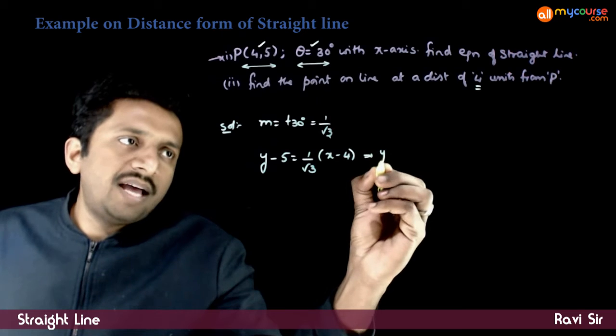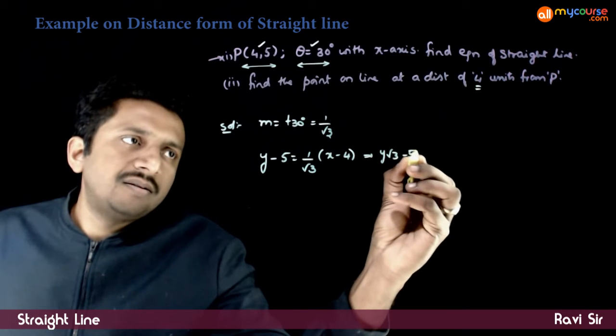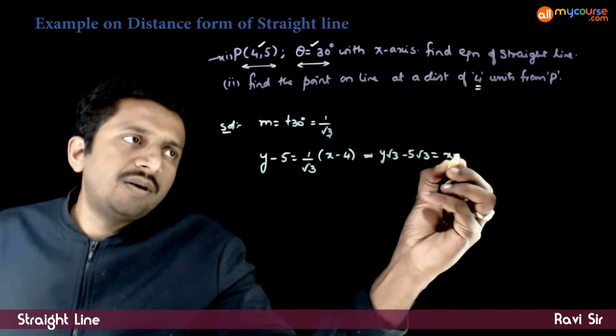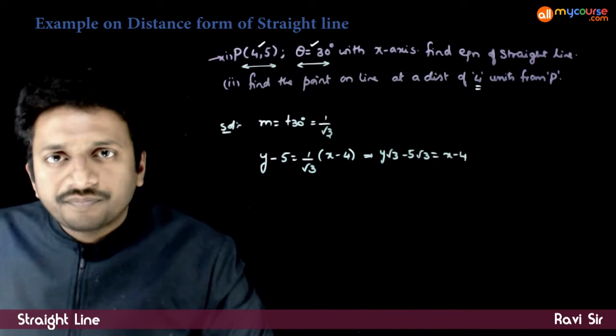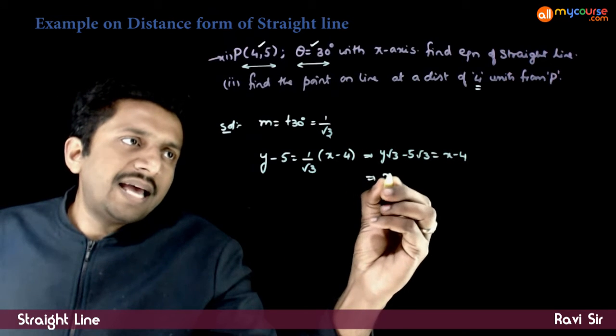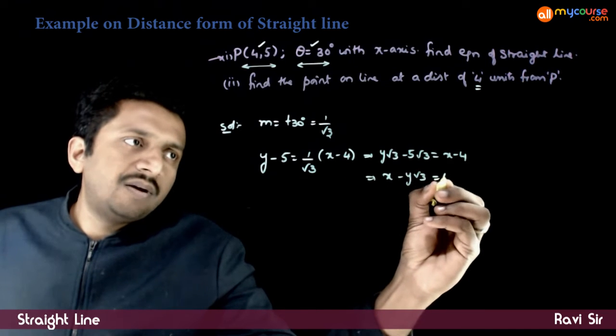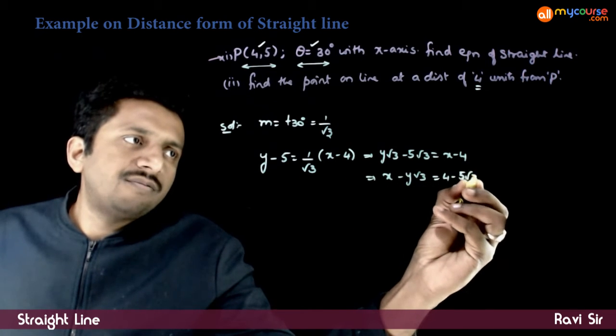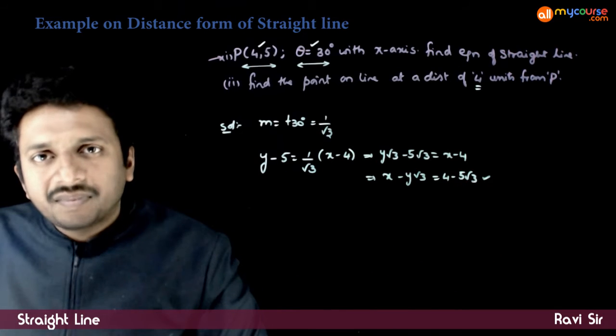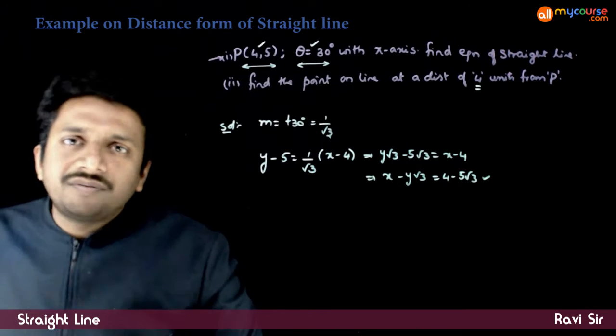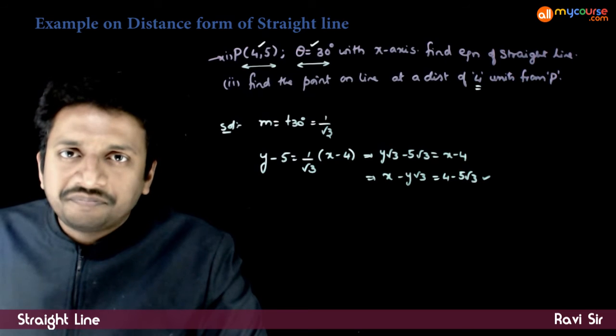This implies y root 3 minus 5 root 3 is equal to x minus 4. This implies x minus y root 3 is equal to 4 minus 5 root 3. So this is the equation of the required line.